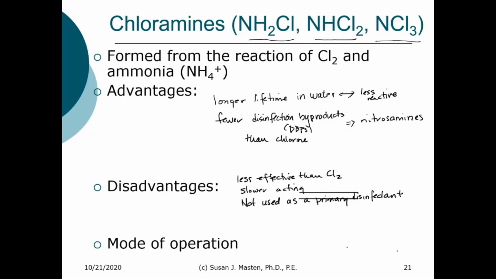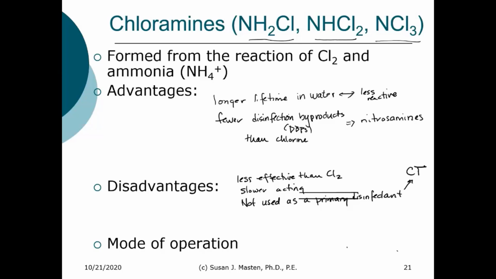Secondary disinfection is that disinfection that's required to ensure that we have a residual in the distribution system. So when we talk about the CT concept, there we're looking at primary disinfection.